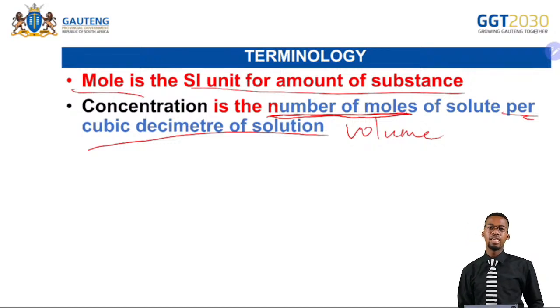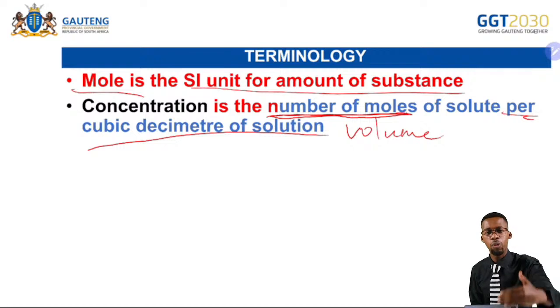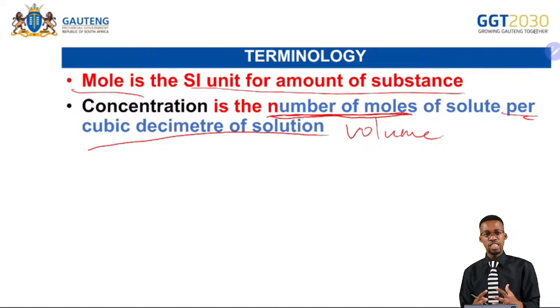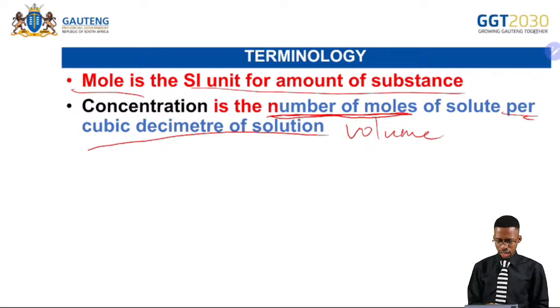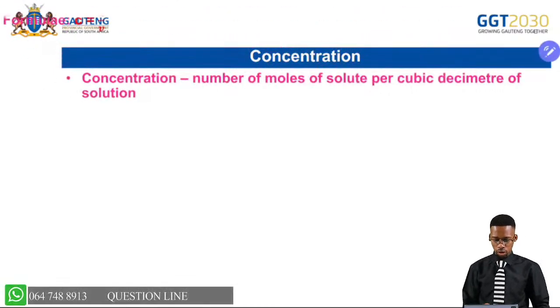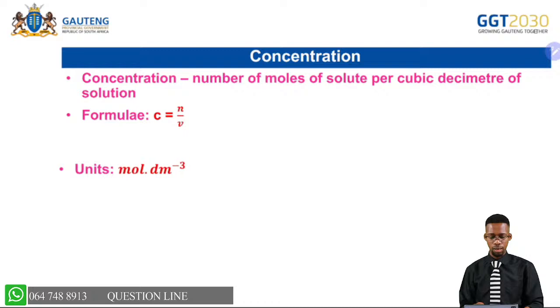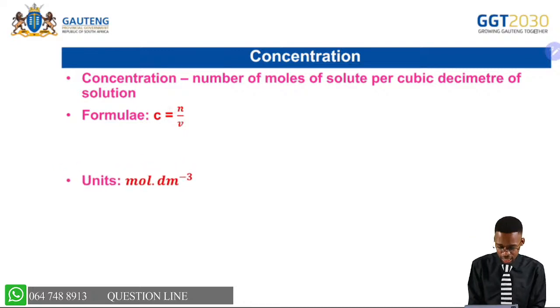This is powerful. It leads to the formula. So the definition tells us that concentration is the number of moles of solute divided by volume. So let's look at the expression of concentration. This is the formula. Concentration is equal to number of moles divided by the volume.